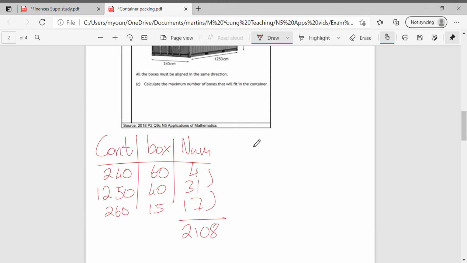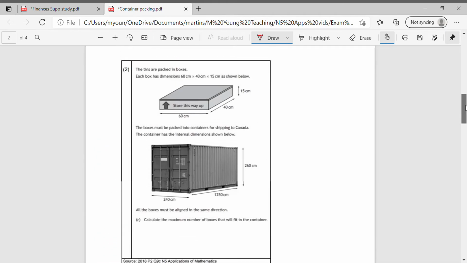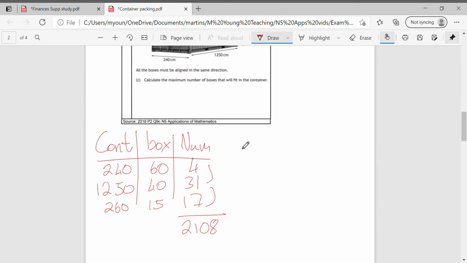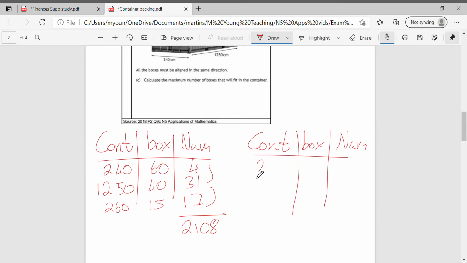Okay, and the only other way that I can store this is by rotating this round one turn, if you like. So this time, the 40 is now going to correspond to the 240. Let me just make out the table again very quickly. 240, 1250, 260.